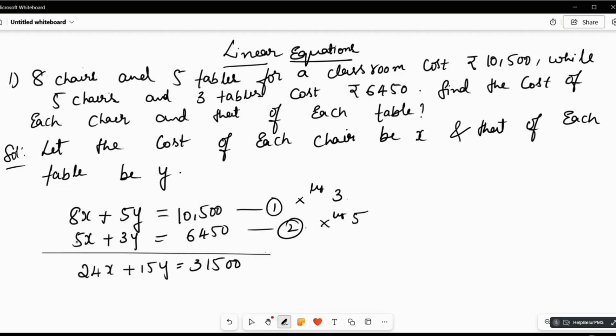Again, multiply the second equation with 5. Only when you are finding the ratio, you should not make a mistake. That's why we do that.